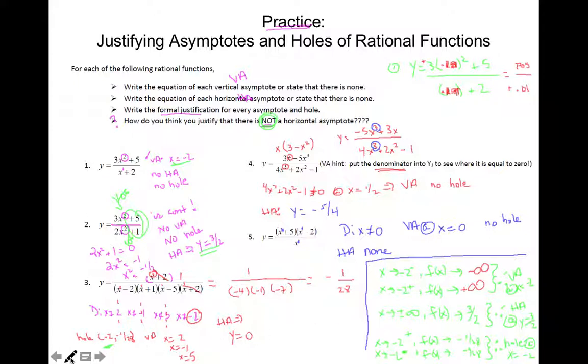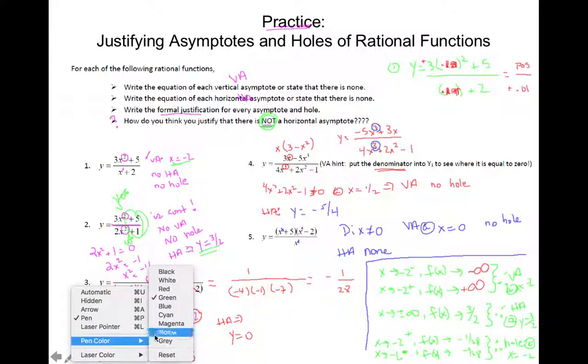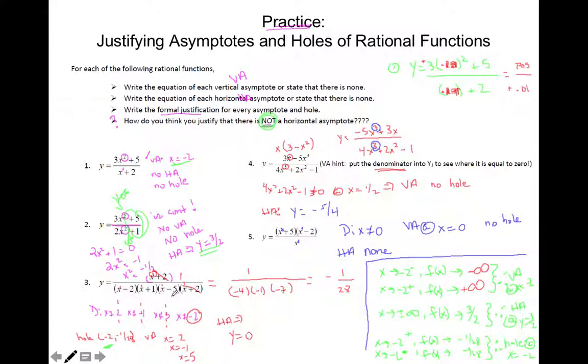You're looking for what happens at the ends, right? At the ends of a function. So what's true about this? This is x times x. This is x squared over x to the first. What does that reduce to? I know there's other terms here, but just the most power, the most influence at the ends, x squared over x reduces to what?